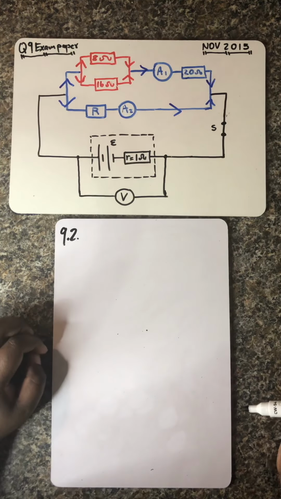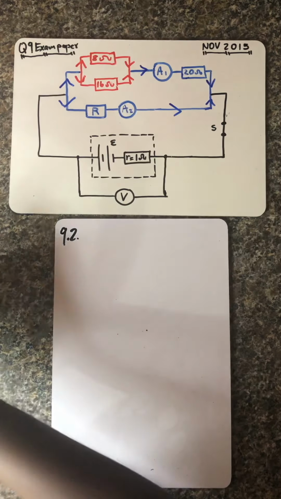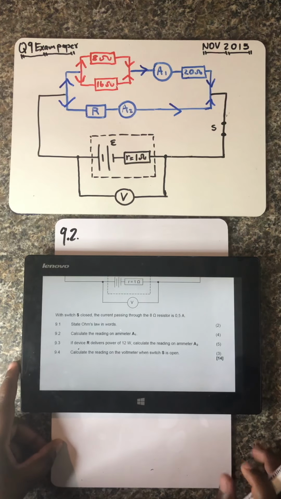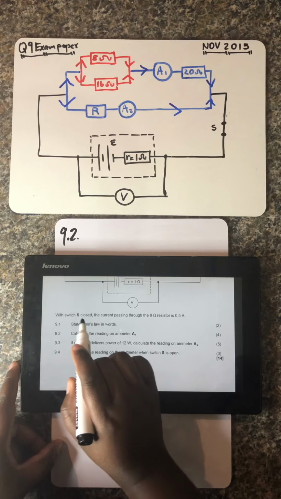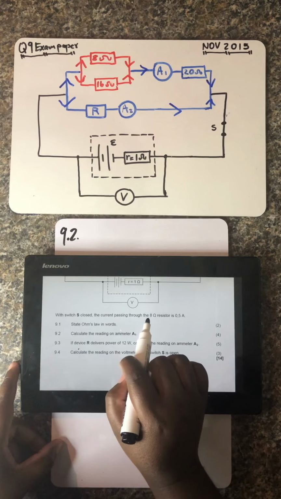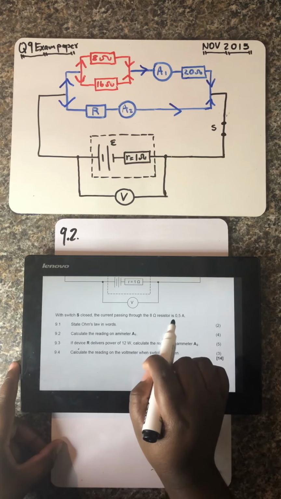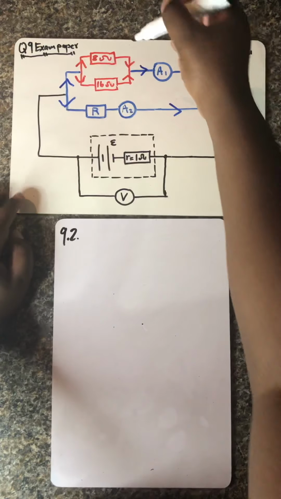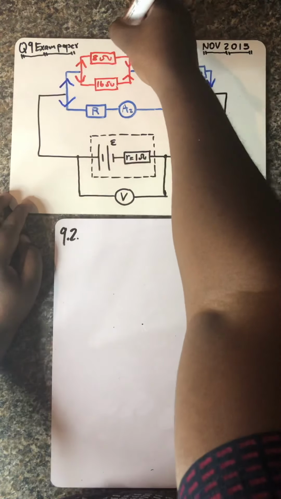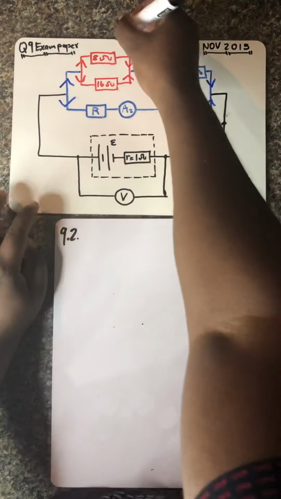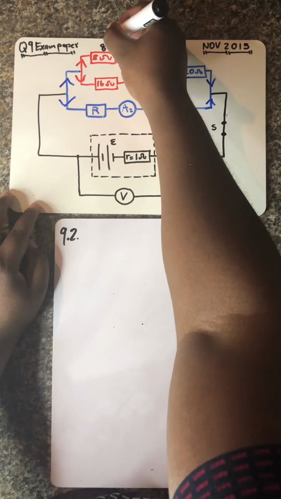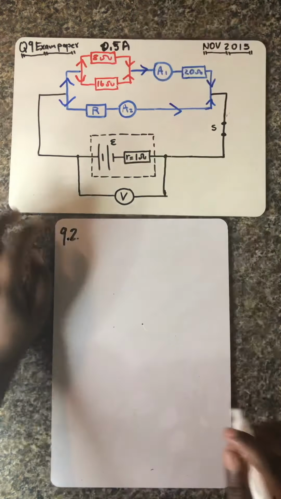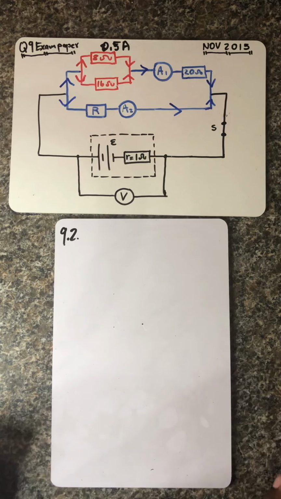Okay, ladies and gentlemen, I was just checking this statement. Can you see? They say with switch S closed, the current passing through the 8 ohms resistor is 0.5 amperes. Very much important, guys. You've got the current passing through the 8 ohms resistor, which is 0.5 amperes. I hope you're able to see there.